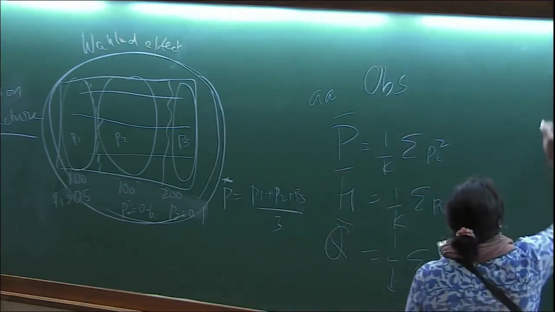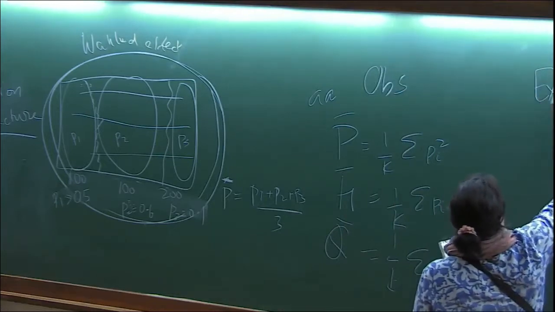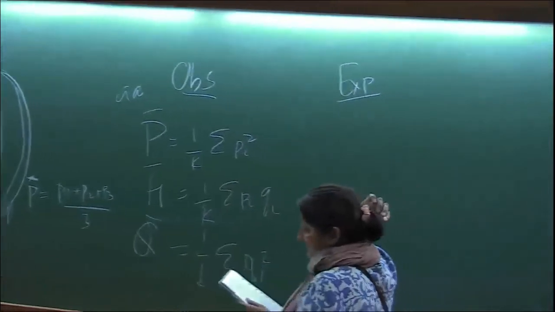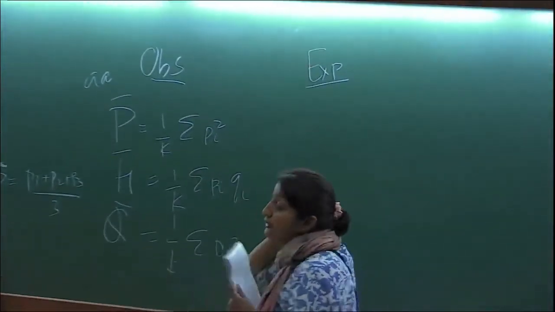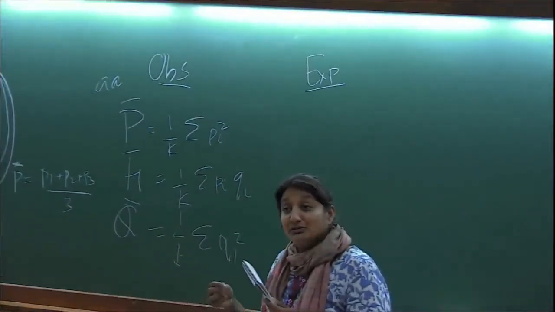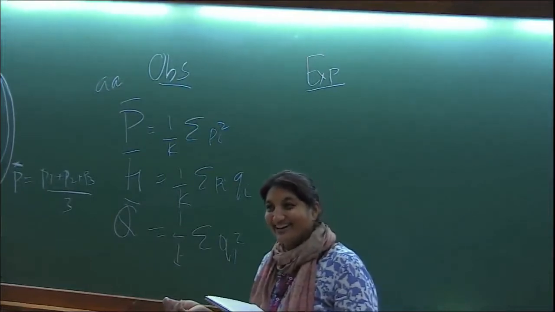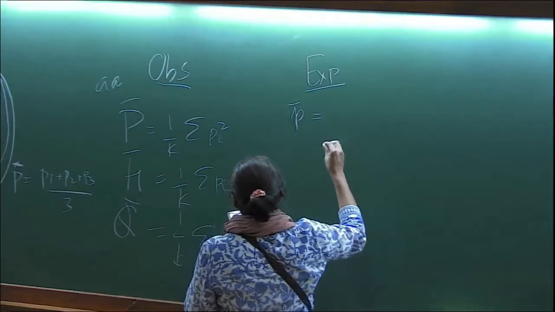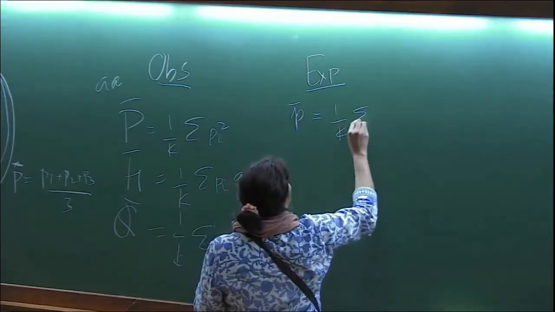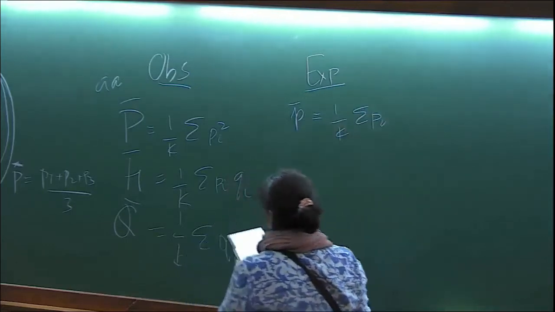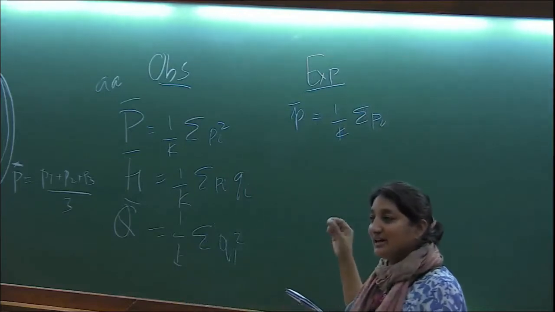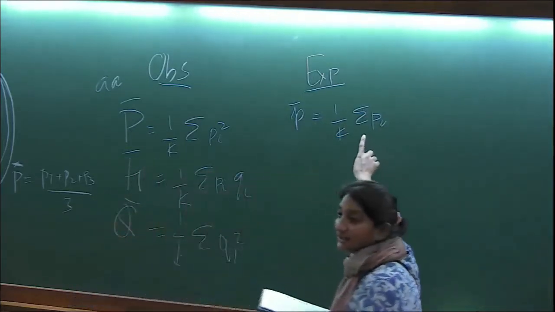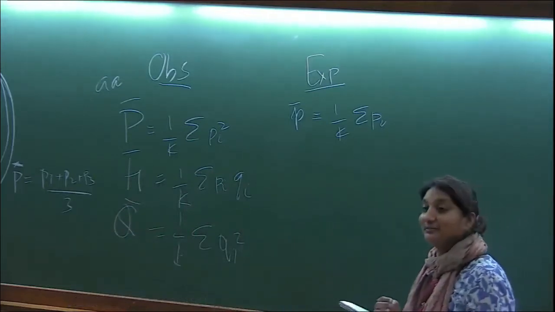But what about the expected? Expected, you did not know that it is three populations, right? So P is basically just the allele frequencies averaged. P1 plus P2 plus P3 by 3, that's what this is, right?